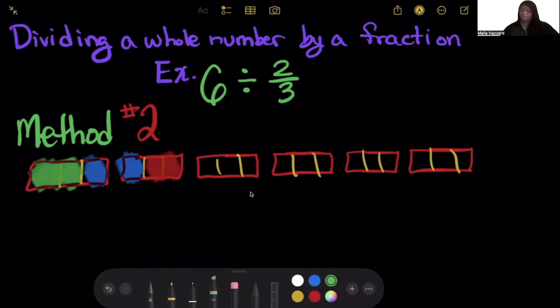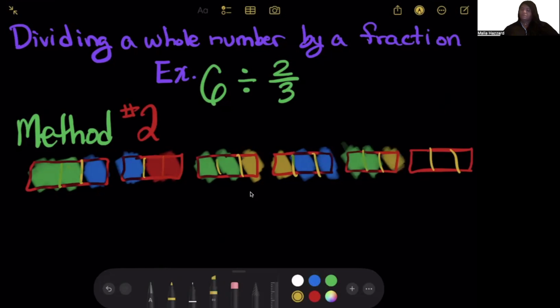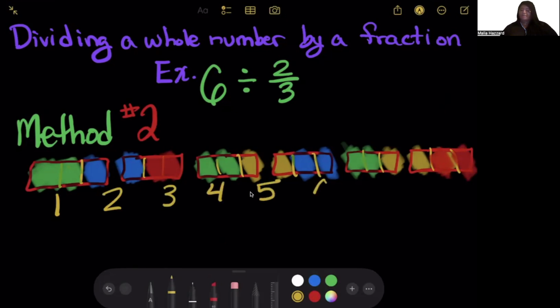I continue shading in groups of 2, switching colors each time. Okay. So now I'm going to go through and count up my different wholes. 1, 2, 3, 4, 5, 6, 7, 8, 9. Therefore, 6 divided by 2/3 equals 9.